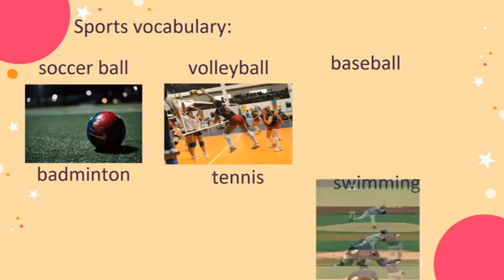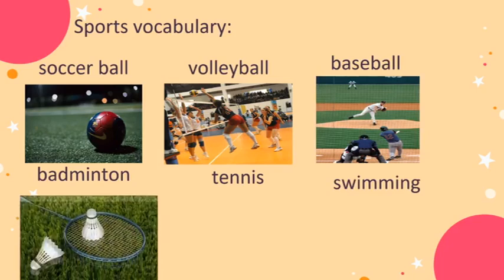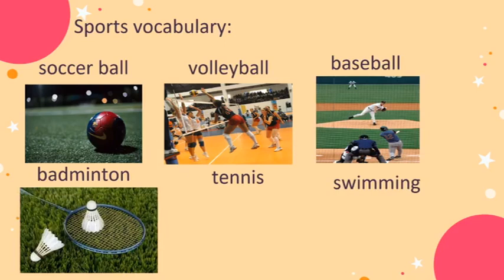And baseball is the sport where you use your hand to throw the ball and someone hits it, right? Okay, and badminton, you can see here, this one is very famous in our country. Every morning or evening people usually play it with a partner, usually for exercise, right?